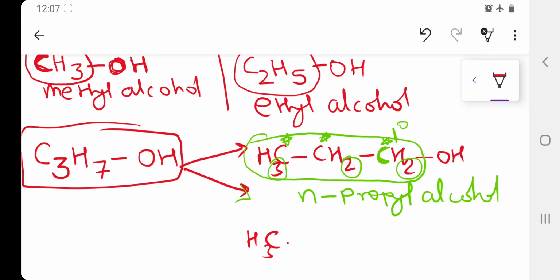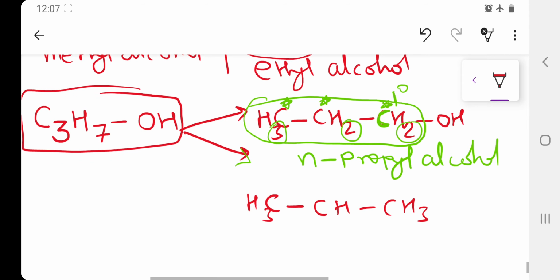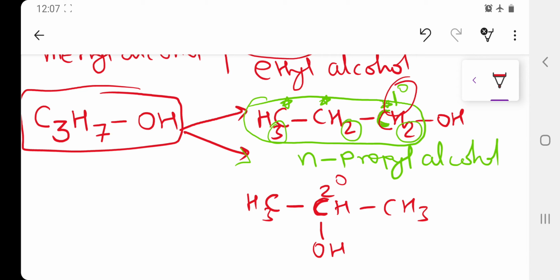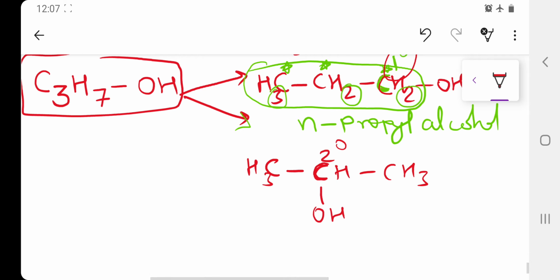Then C3H7 may exist in a different form like this, CH3, CH3, and this OH can be attached to this middle carbon. And what is special about this carbon? This carbon was primary carbon and this carbon was secondary carbon. So the OH is attached to a secondary carbon, the alkyl group name changes, the alkyl group will be of 3 carbons but it will be a changed alkyl group, and that will be called isopropyl group.